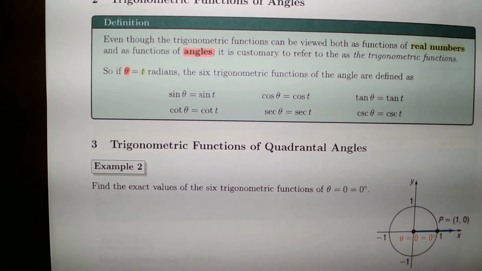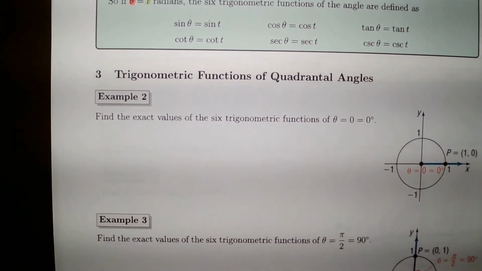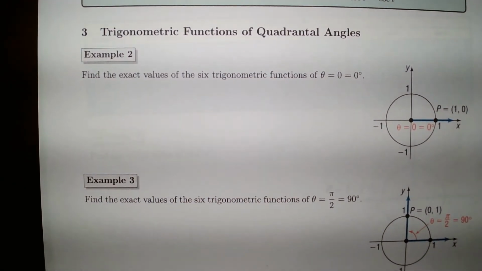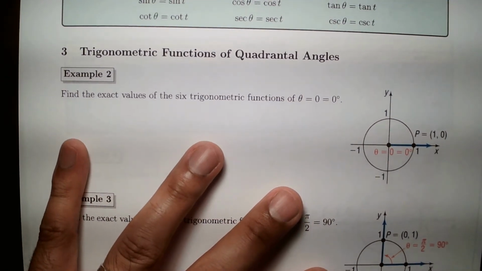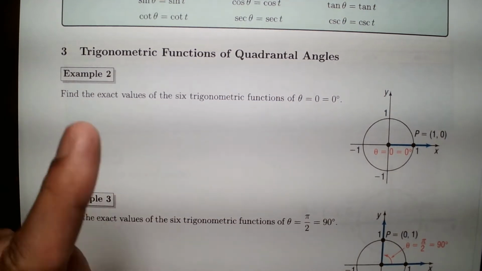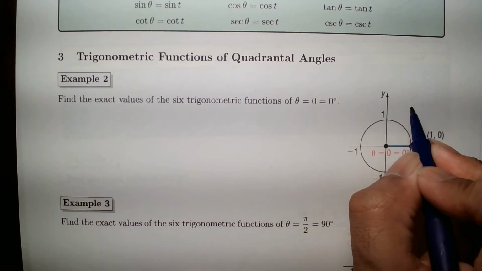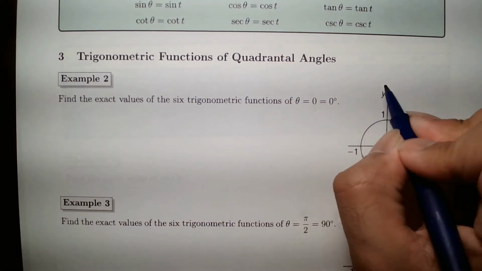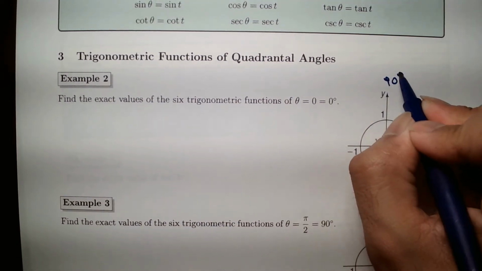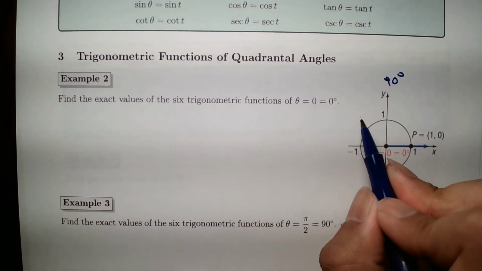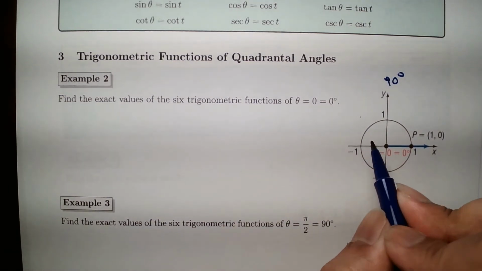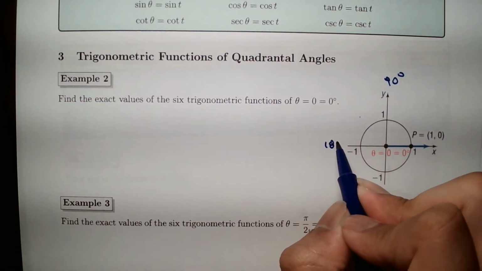All right, so trigonometric functions of quadrantal angles. First of all, what's a quadrantal angle? Quadrantal angles are angles that lie in between two quadrants. For example, the angle that lies in between quadrant 1 and 2 is the 90-degree angle. The angle that lies between quadrant 2 and 3 is the 180-degree angle.